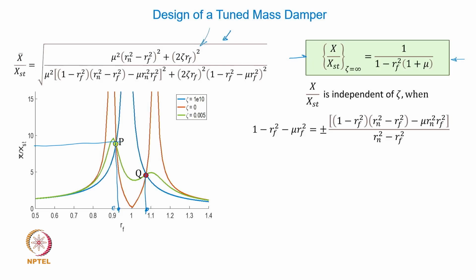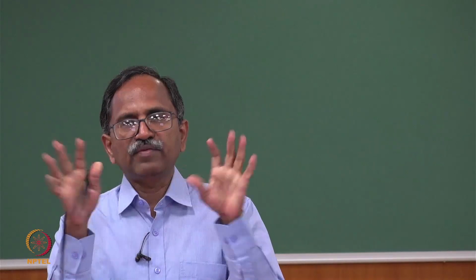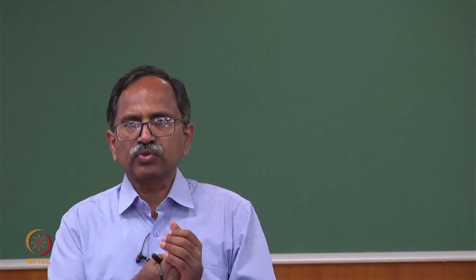It's a simple mathematical jugglery here to show that if this expression is equal to plus or minus of this expression, and if you substitute back into this equation, you will find that zeta goes out of the scene. The equation will be devoid of zeta, or zeta will disappear. It's quite possible to show that.